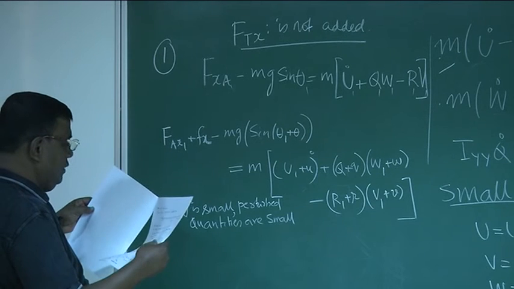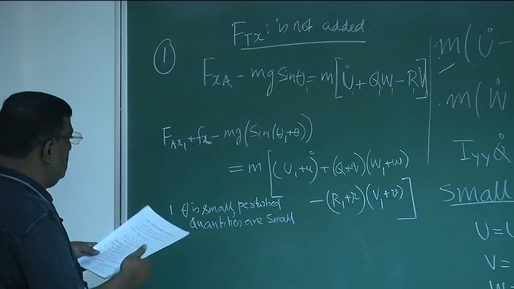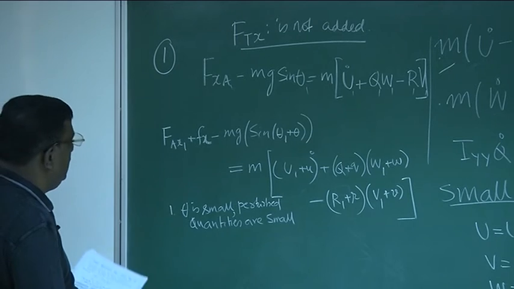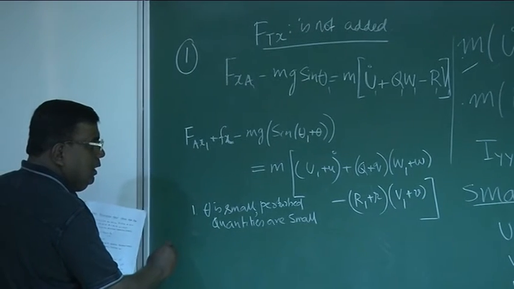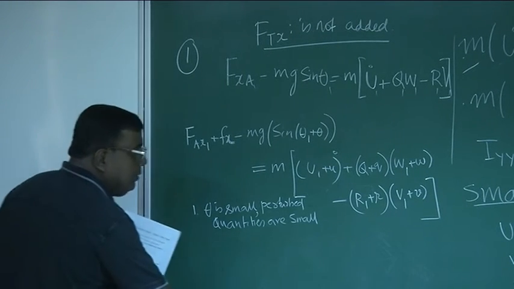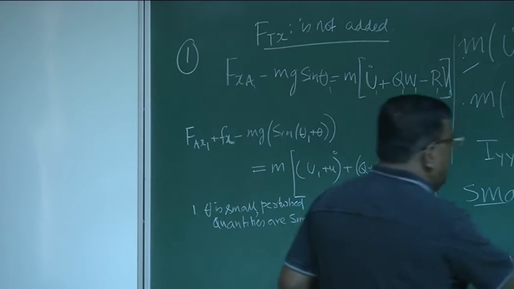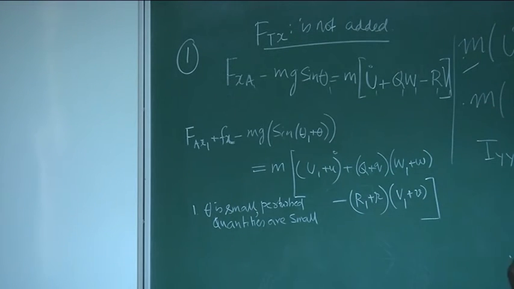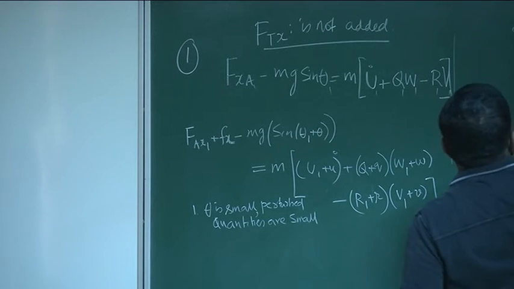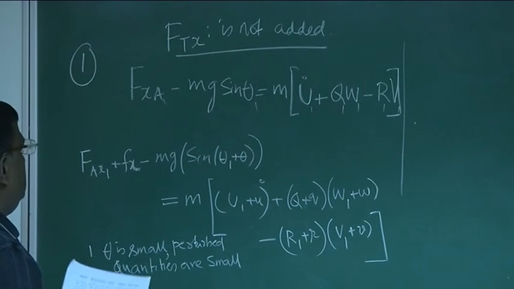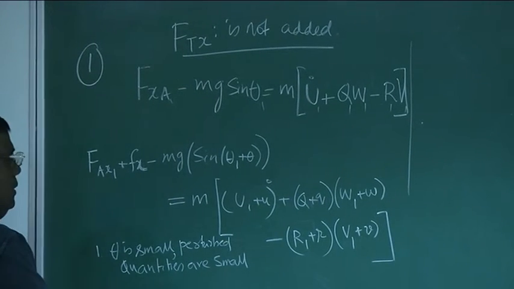Okay, let me write the expansion. Let me write one complete equation so that you are happy. Let me erase this part because it will take longer length of the blackboard. So I can erase this also. So theta is small, which is again a perturbed quantity.